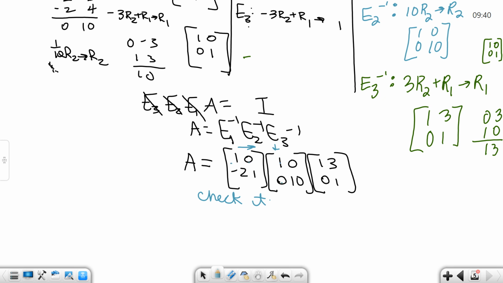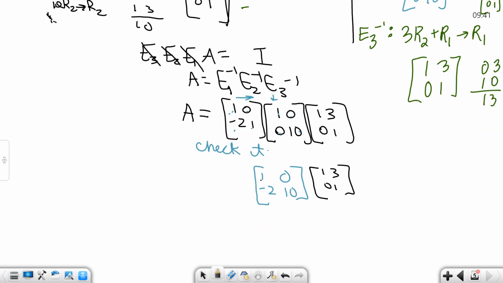This gives me 1, 0, 0, 0, negative 2, 0, 0, 10. Okay? So I'm going to multiply that times the other matrix that's left over.